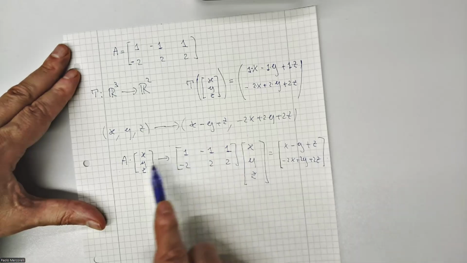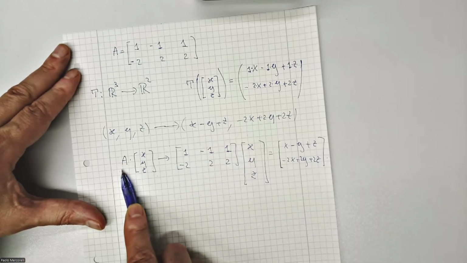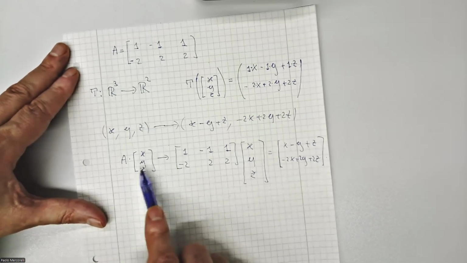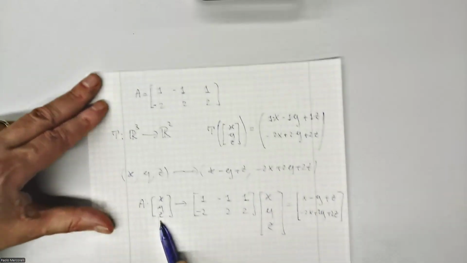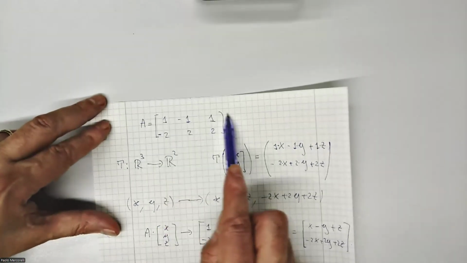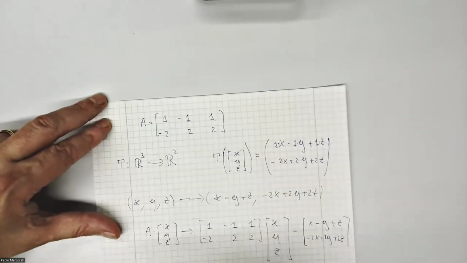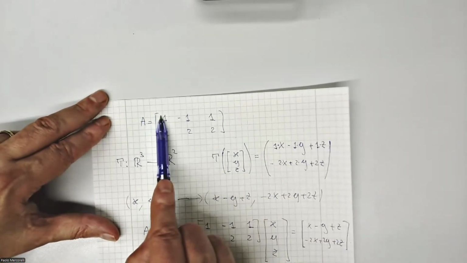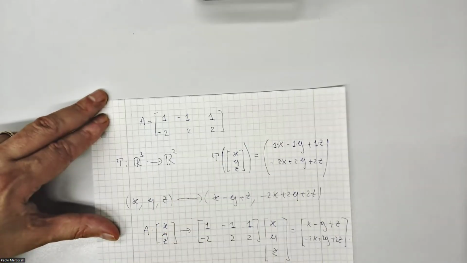Because I apply this matrix to a possible domain characterized by x, y, z, which is the unique domain in terms of dimension that can be applied to this matrix, because we have three columns, 1, 2, 3.